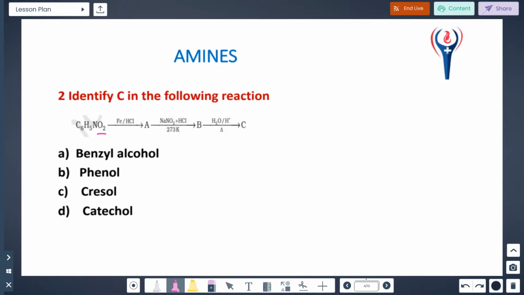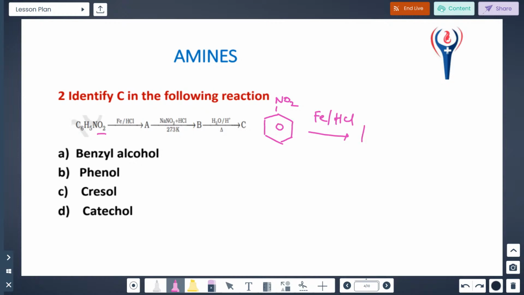So I put all the reactions. Suppose here, this is called nitrobenzene. If you add reagents, not any reagent, only tin and HCl, iron and HCl, palladium in the presence of H2, these are the reagents which convert NO2 to NH2.